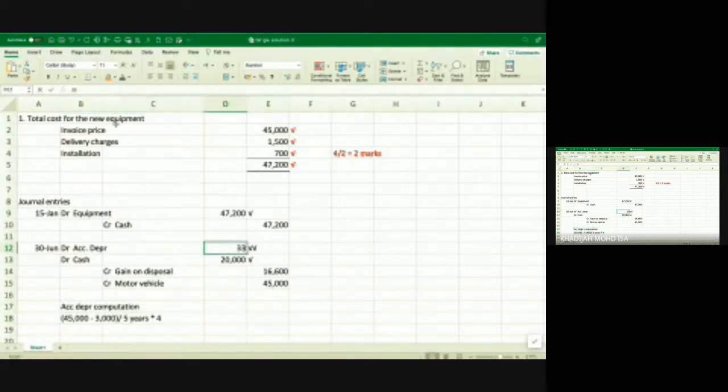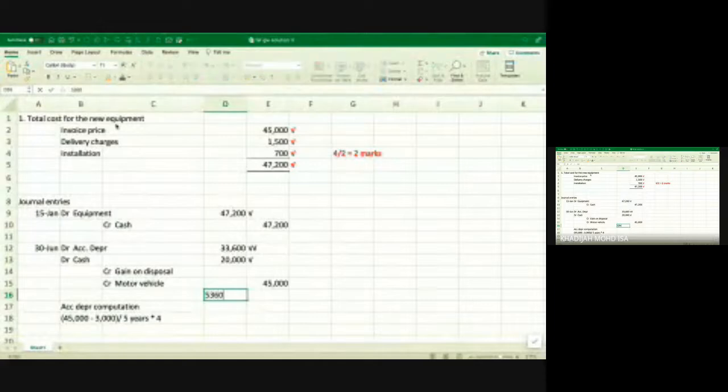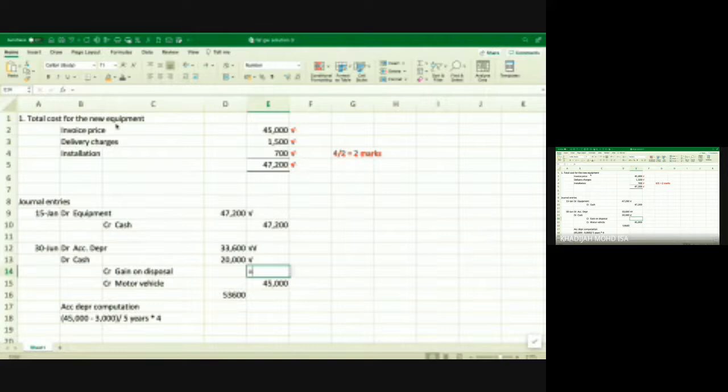Right, 33,600. So when you have that, you leave it here open first. So you have on the debit side 53,600. And then you know that on this side you have 45,000. So you know that what should be is on minus this one.